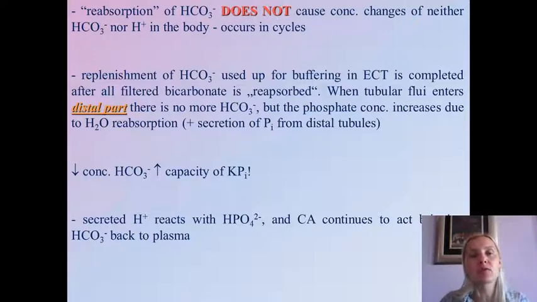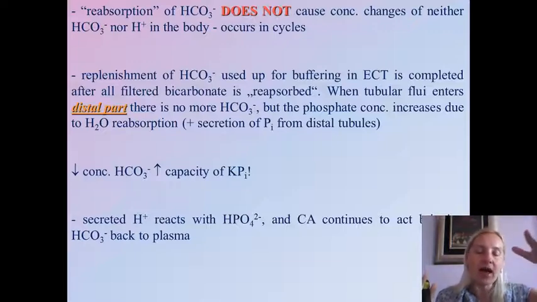So the replenishment of bicarbonate used up for buffering in extracellular fluids is completed after all bicarbonate is reabsorbed. So while we have and while we can reabsorb bicarbonate, you're not going to activate mechanisms for bicarbonate synthesis and its replenishment. So when tubular fluid enters the distal part, we have the situation that most of the bicarbonate is reabsorbed, so no more bicarbonate ions in tubular fluid, but because reabsorption of water also occurred, the phosphate concentration increases.